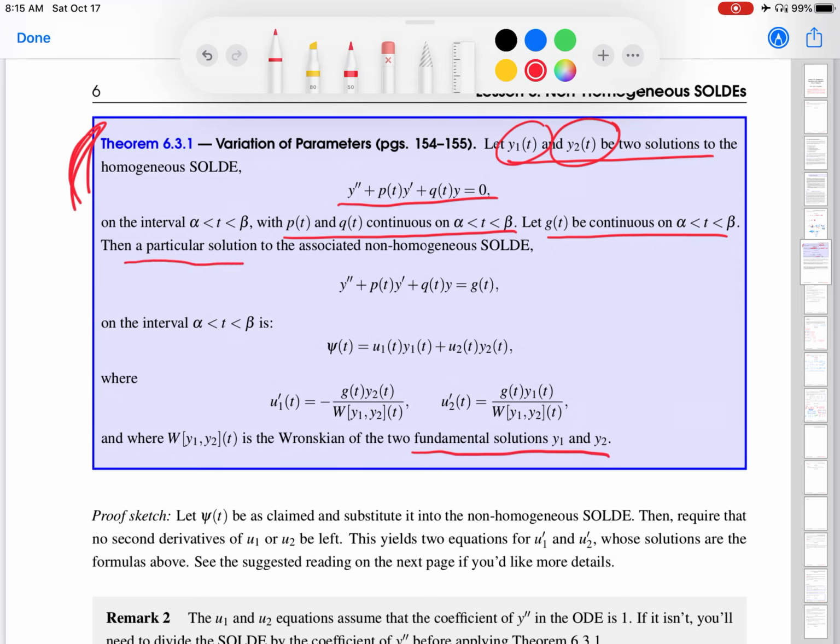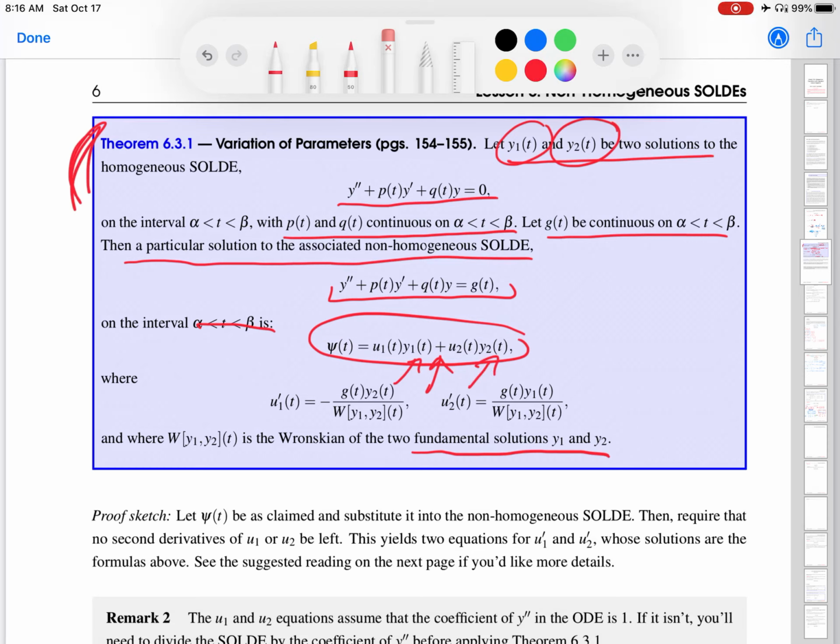Then a particular solution to the associated non-homogeneous ODE on this interval is, so let's take a look at the structure of this. We have a linear combination of y1 and y2, but instead of the linear combination involving constants, it involves these two new functions u1 and u2. And how do we find these new functions?